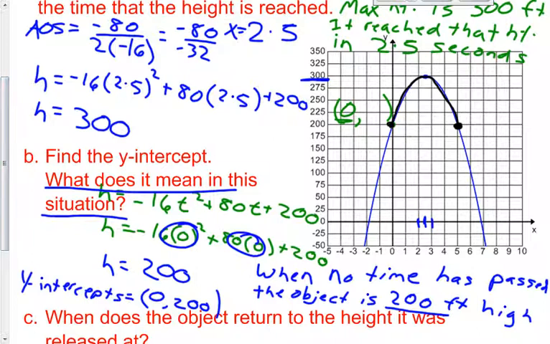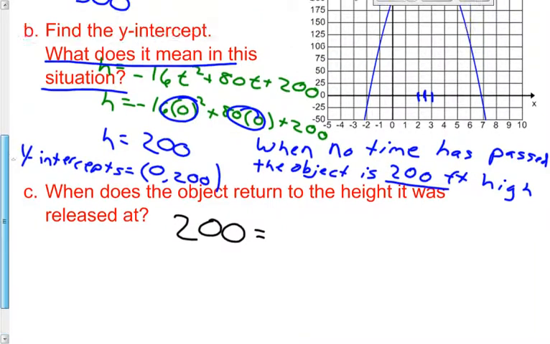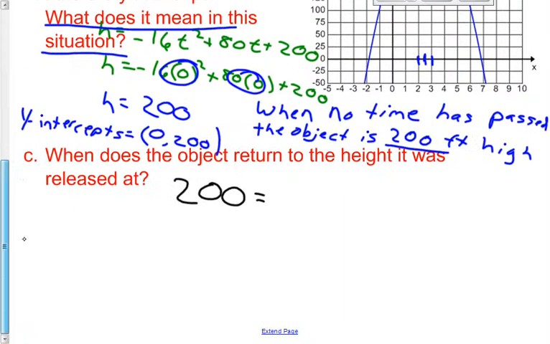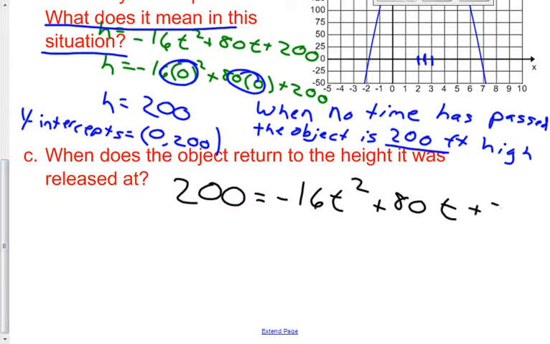We want to find out where this time is when my height is 200 feet. We know that the initial height is 200, so let's find our time in that case. When my height is 200 feet, and my equation is negative 16t squared plus 80t plus 200, I want to find what is t when my height, the initial height, is 200.